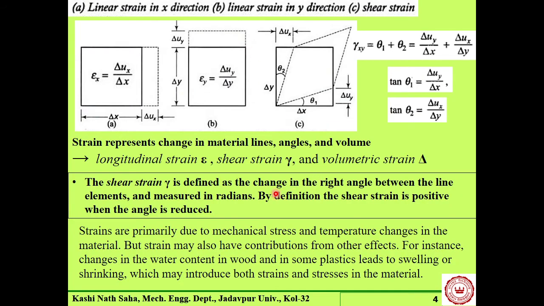Okay, this part is clear, change in right angle, and this is also clear. By definition, the shear strain is positive when the angle is reduced. Also, we have not represented another type of phenomena. It will come.